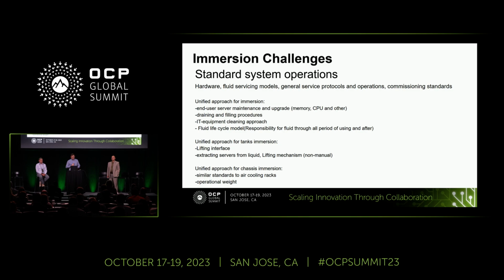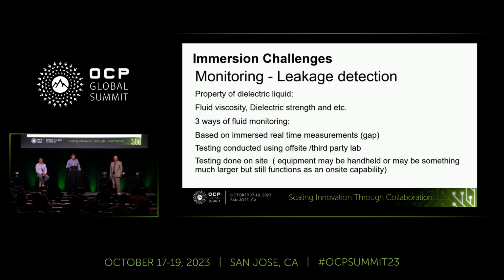But all in all, it's about tackling one of the most important things, which is system operations, hardware compatibility, fluid compatibility, and how you work in an immersion cooling setup with all of those factors. So all in all, I hand it over to David. Thanks, Raul.